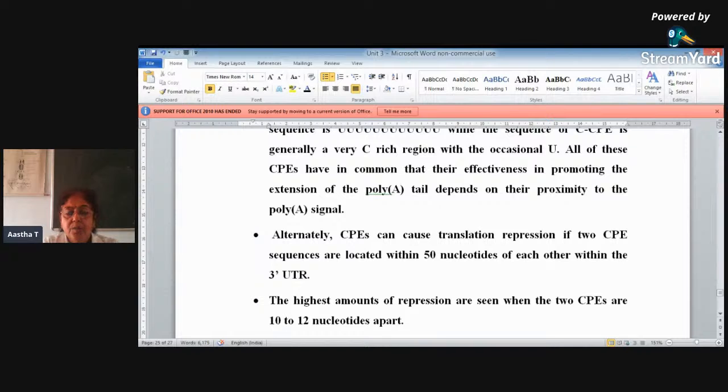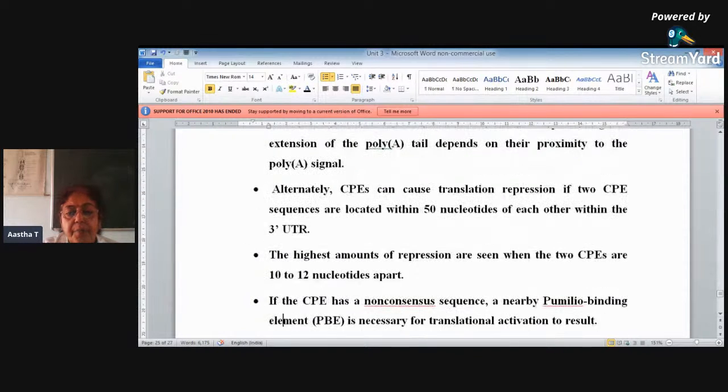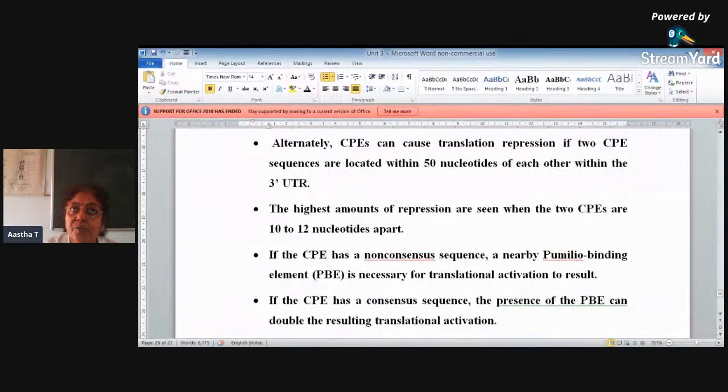The 3' एंडला जो untranslated region आहे तिथे जर दोन सायटोप्लाझमिक पॉलीएडेनिलेशन एलिमेंट्स 50 न्यूक्लिओटाइड्सच्या जवळ असतील तर मग ते ट्रान्सलेशनची प्रोसेस थांबवू शकतात. म्हणून सायटोप्लाझमिक पॉलीएडेनिलेशन एलिमेंट्स शुड बी फार अवे फ्रॉम इच अदर. 50 न्यूक्लिओटाइड्सपेक्षा जास्त डिस्टन्स हवं आणि हे एलिमेंट्स जर जवळ आले तर ट्रान्सलेशनची प्रोसेस affect होऊ शकते. The highest amount of repression is seen when two CPEs are 10 to 12 nucleotides close to each other.